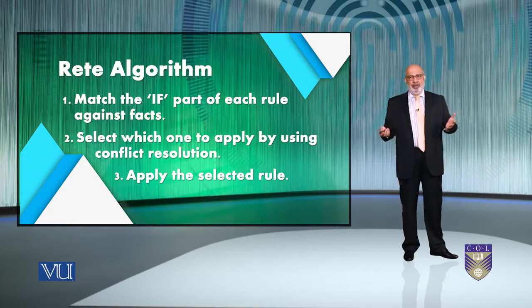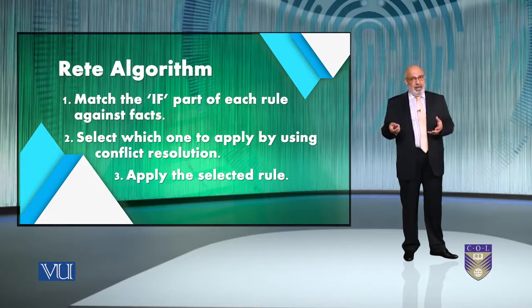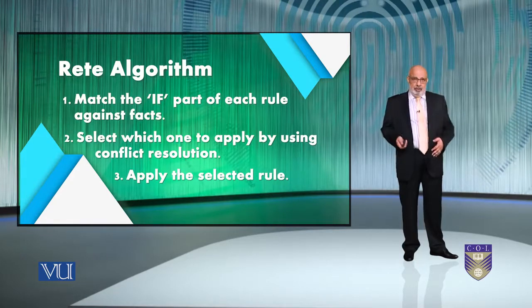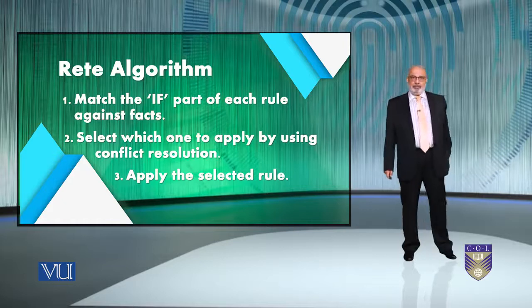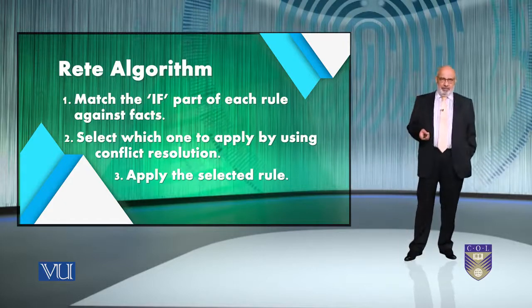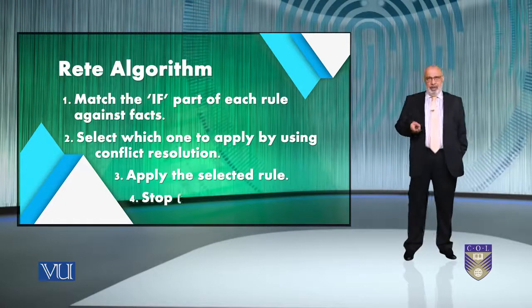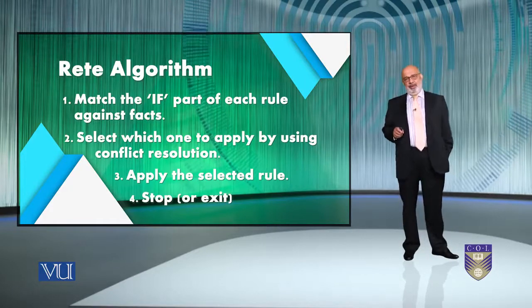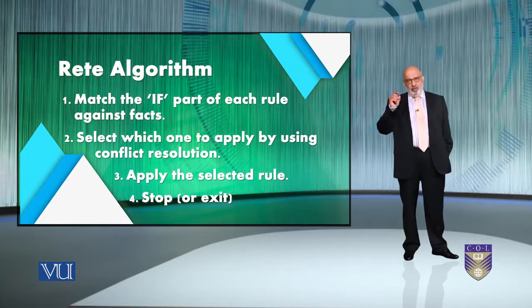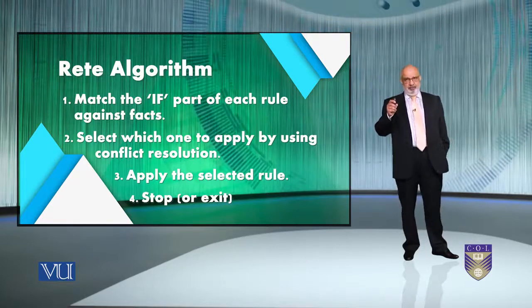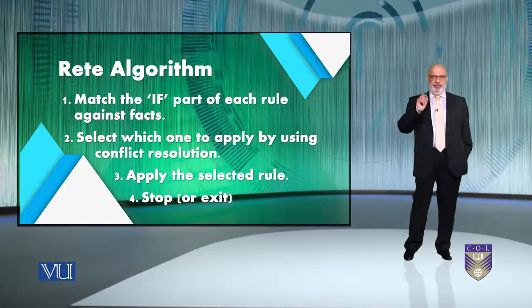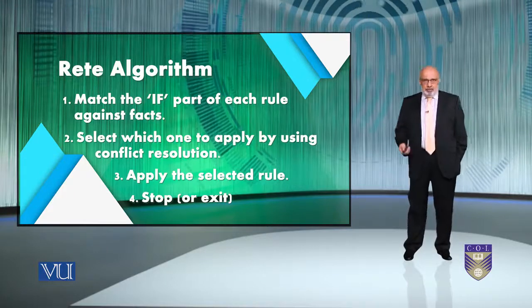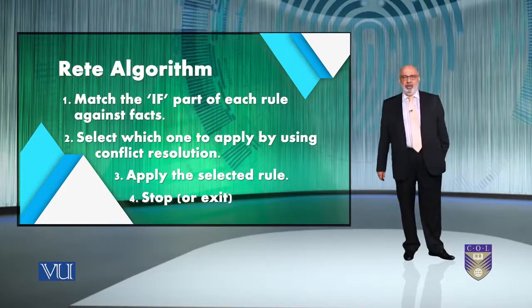And what are the consequences? If new facts are being asserted by that rule, add them to the working memory. Now, the next step, step 4: stop or exit when the conclusion is added to the working memory, or if there is a rule which states that you found the solution, stop. That's when you stop and you have reached your conclusion.